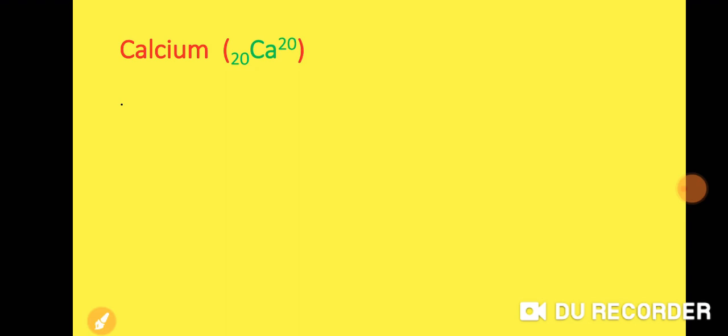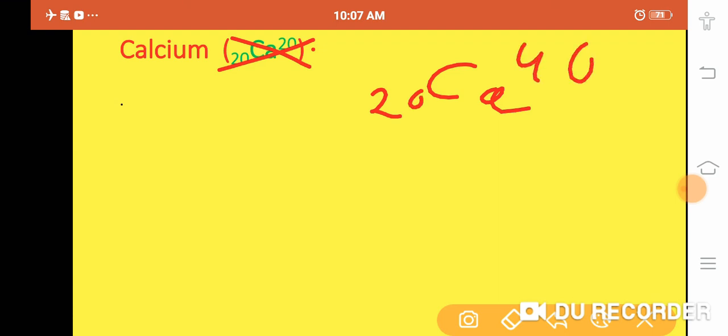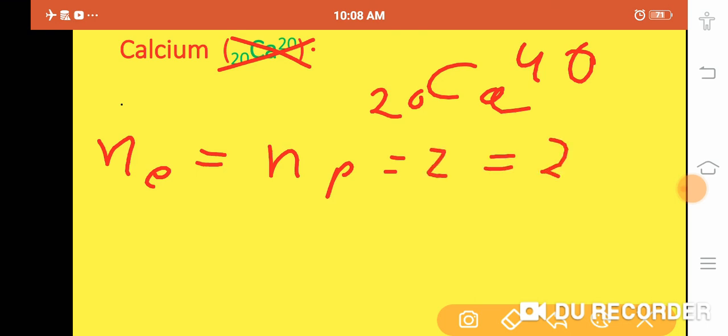Now for calcium, once again I have made the same mistake here. It should be calcium: atomic number 20, atomic mass 40. So number of electrons is equal to number of protons is equal to atomic number, which is 20, and atomic mass, that is mass number A, is equal to number of protons plus number of neutrons.